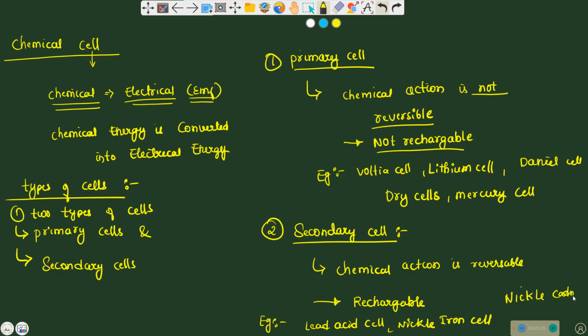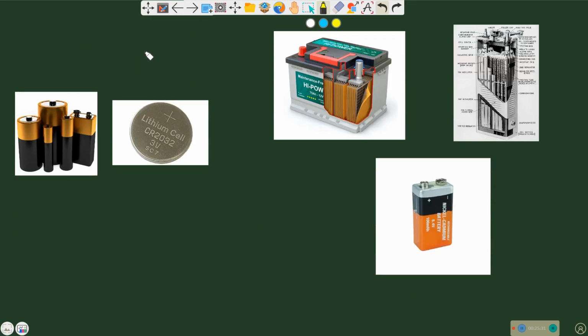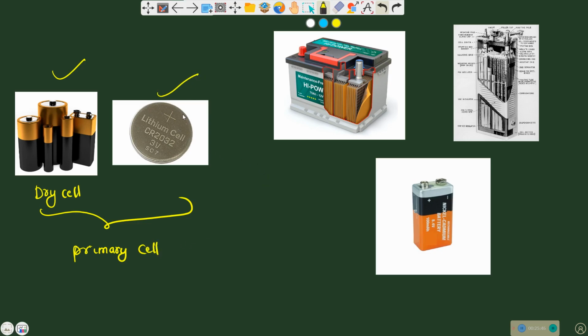Here you can see a dry cell, a category of primary cell, which you might see in wrist watches and wall clocks.